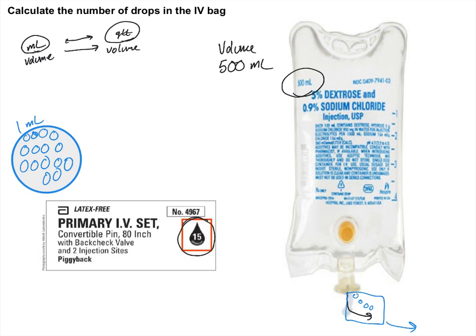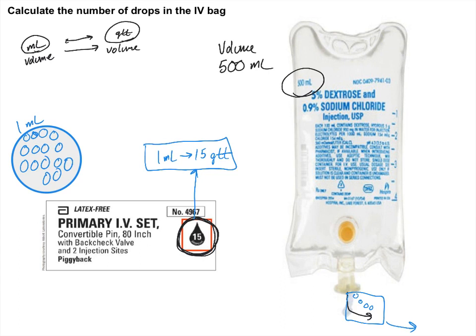And what I see on the labeling of my packaging for the chamber and the tubing is that each milliliter will be broken into 15 drops. This is the essential ratio for this problem.